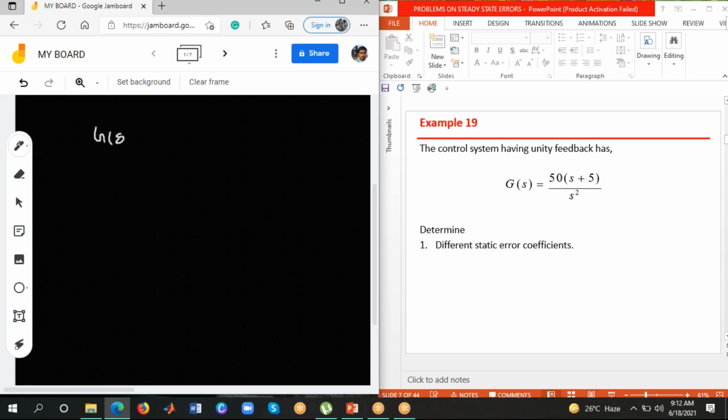G of s is equal to 50 into s plus 5 divided by s square, and H of s is 1. What is the Kp value? Find out the Kp, Kv and Ka.